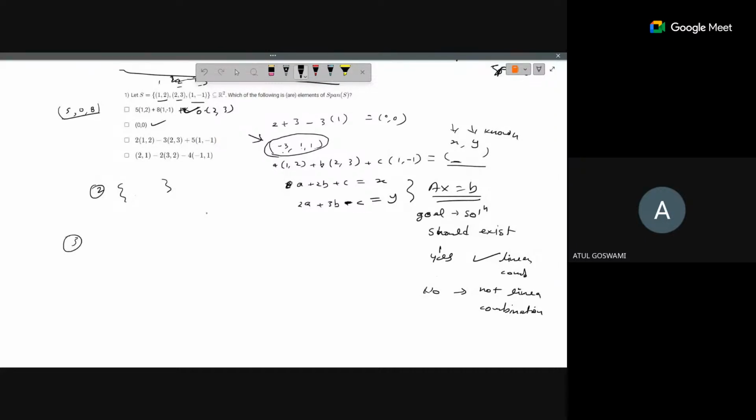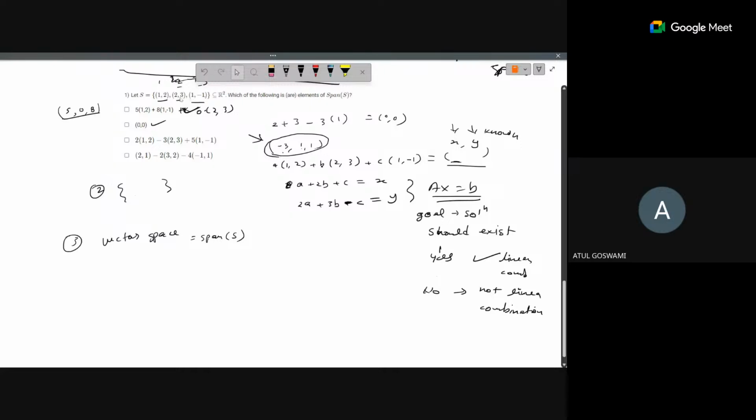So the third way of solving this is, we can find the vector space. Which vector space? The span, for which this span exists.